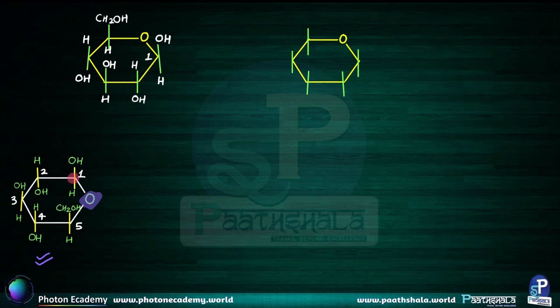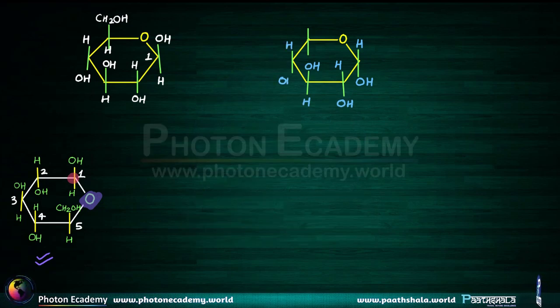So I will just put this OH over here and the rest of the structure is a copy paste. I'm just drawing these two anomers. We had these anomers in the other structure of glucose as well. So here, what am I actually doing? Just changing the position of oxygen and shifting all the groups according to it.